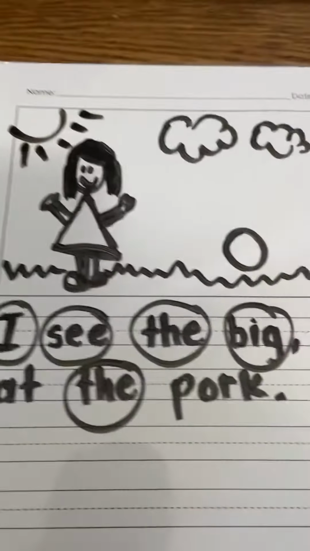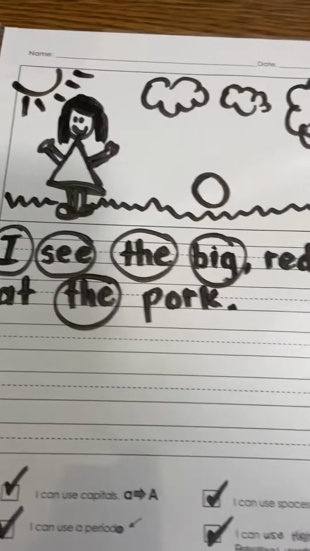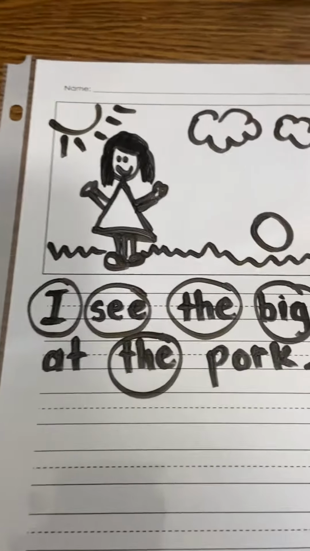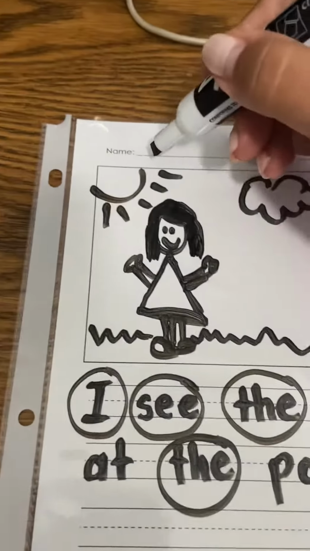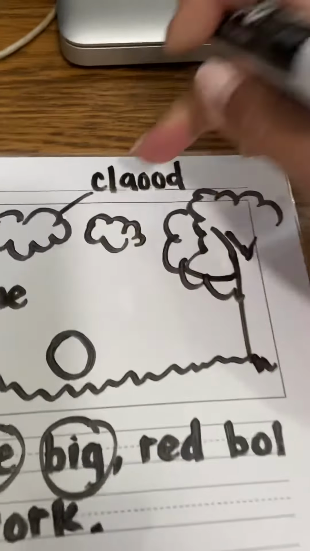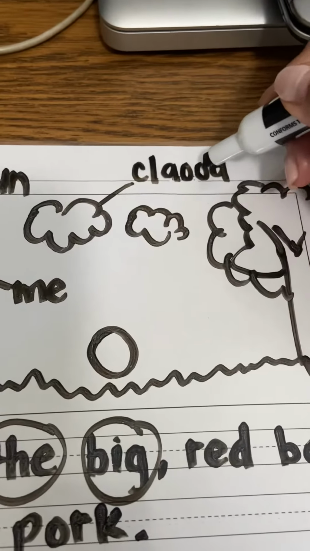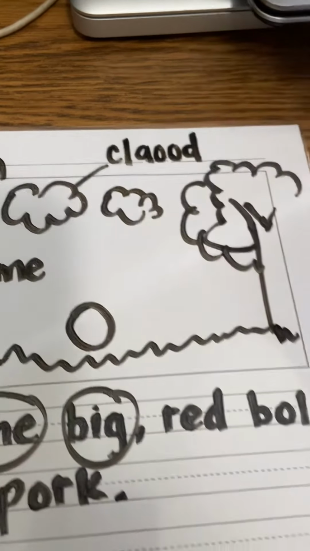Okay, so then what we do here is we're going to label. Labeling is also another form of writing that encourages your child to, again, sound out the words. So we have sun, s-u-n. And I always tell them, who is this person? Well, this is me, so let's write me. This is a cloud, so we're going to write k, k, o, a, u, d. And that's how you would probably hear them. I tell them oo is double O, so some of them already know that.